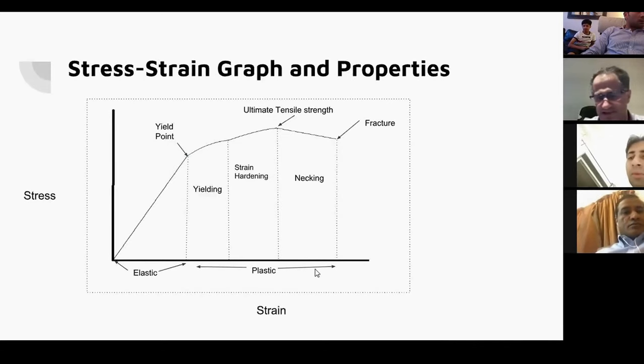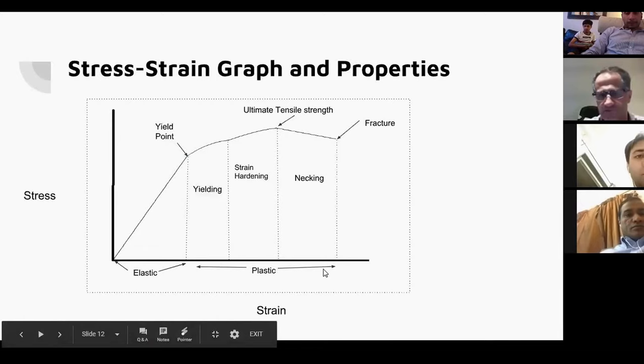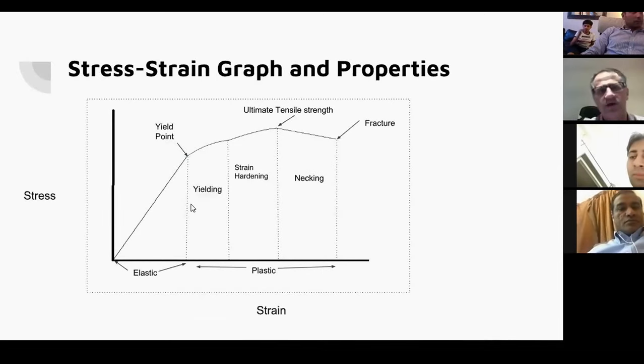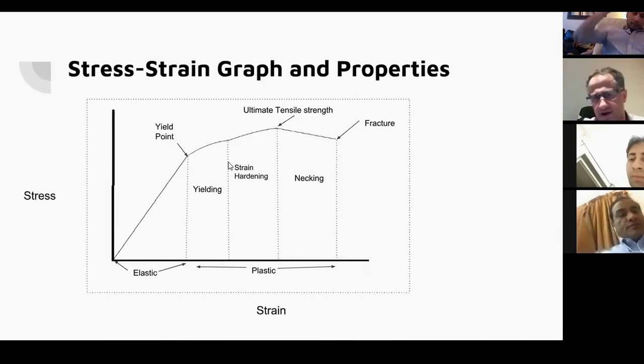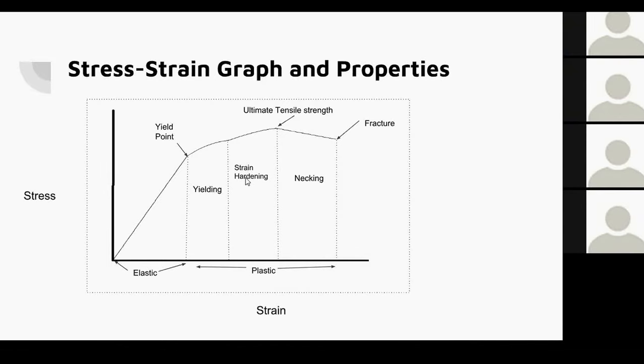After that, you get plastic deformity, and for the purposes of this, I've drawn this quite severely, just so we can show the different parts. So the yield point is the point where you move from elastic to plastic. Your yielding area is the area where you're starting to lose hardness. But then you start to develop a strain hardening environment.